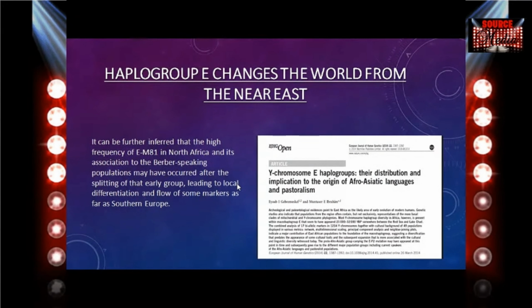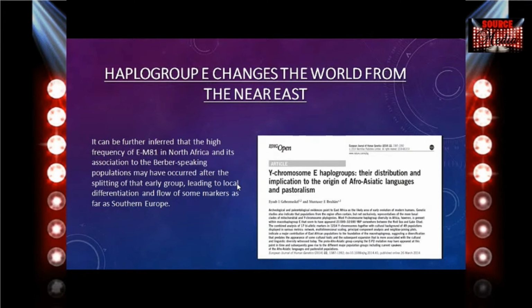It is further inferred that the high frequency of EM81 in North Africa and its association with Berber-speaking populations may have occurred after the splitting of that early group, leading to local differentiation and flow of some markers as far as Southern Europe.